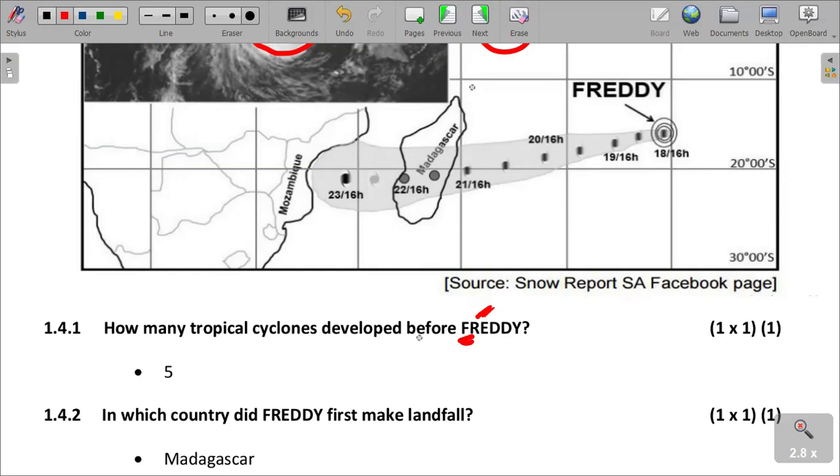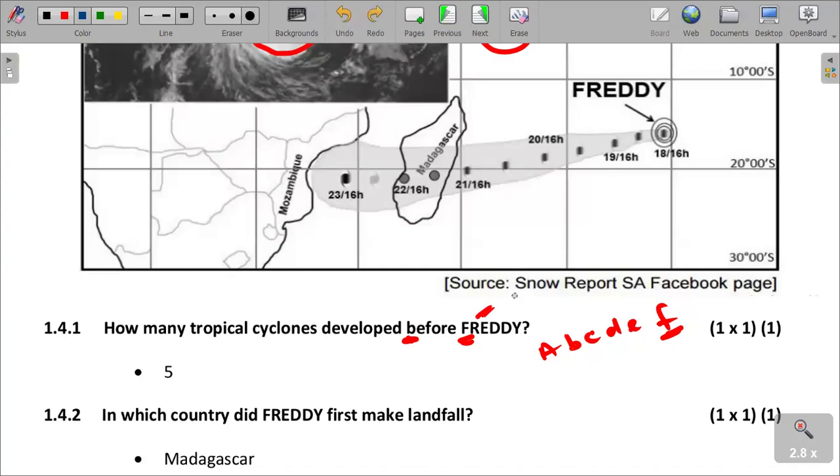When we look at the alphabet, A, B, C, D, E, F. Before F, we have A, B, C, D, E types of cyclones that occurred before F.